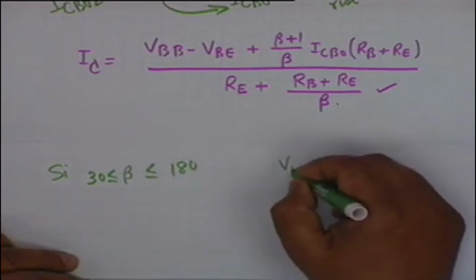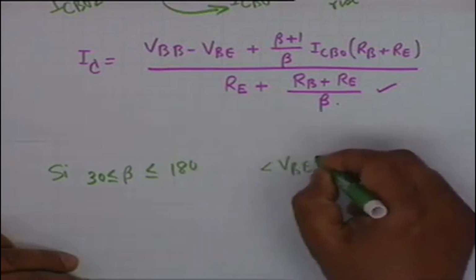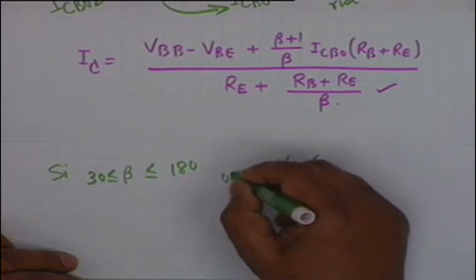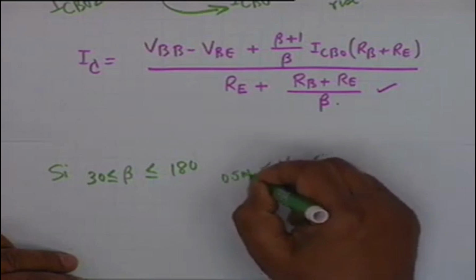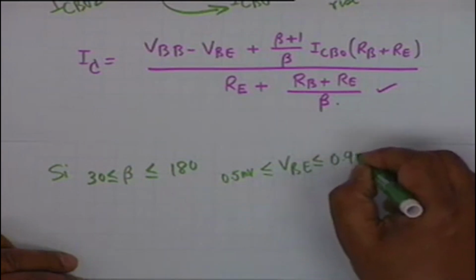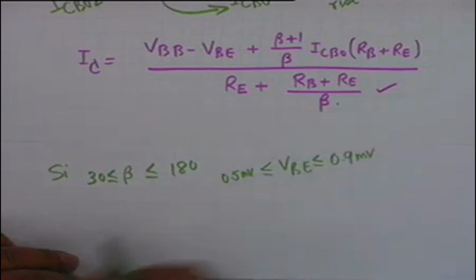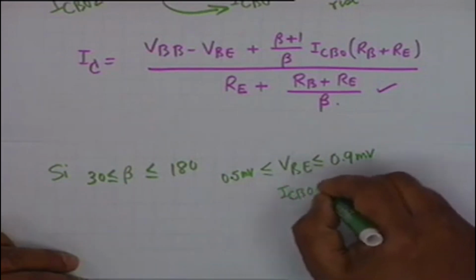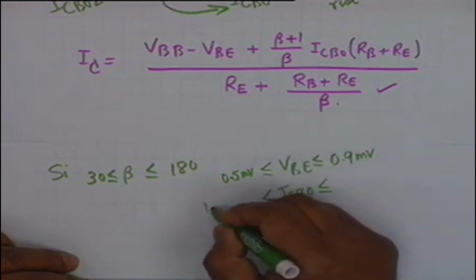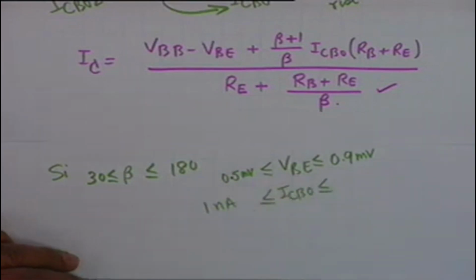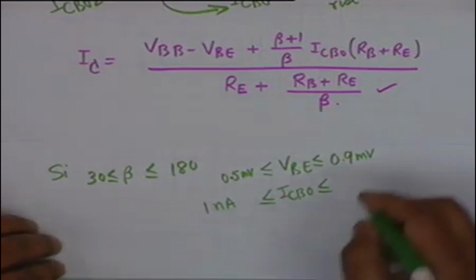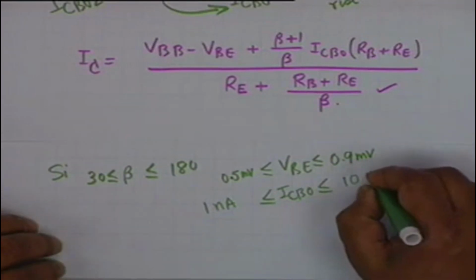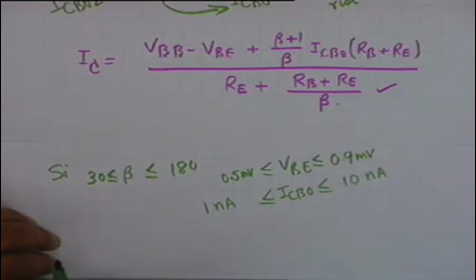VBE, the temperature is such that VBE varies between 0.5 and let's say 0.9 volt. It's a silicon transistor, but with temperature VBE can vary between 0.5 and 0.9. And I sub CBO can vary between, let's say, 1 nanoampere, nano is 10 to the minus 9, to let's say 10 nanoamperes, as much as 1:10.